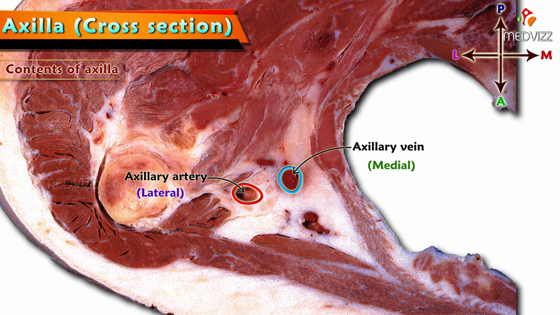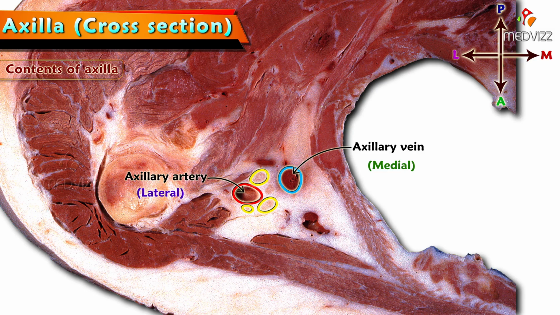If we observe keenly around the axillary artery, let's enlarge to observe. Here we can see whitish colored nerves. Surrounding the axillary artery, we can appreciate the cords or branches of brachial plexus which appear whitish in color.